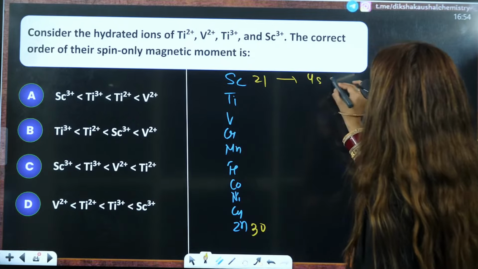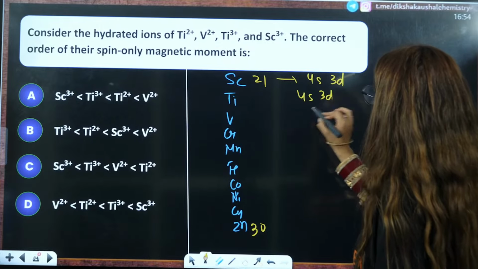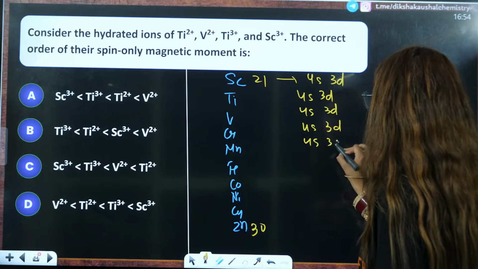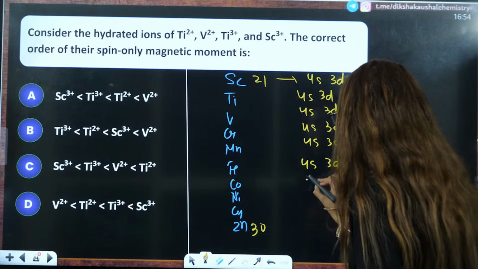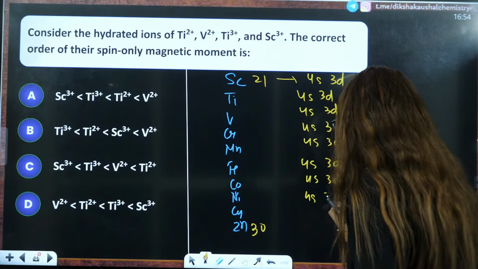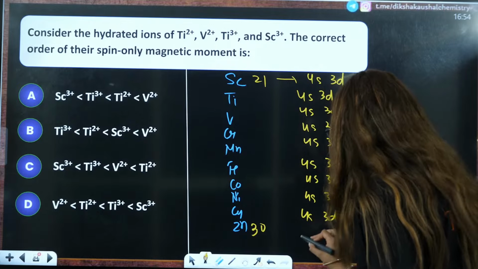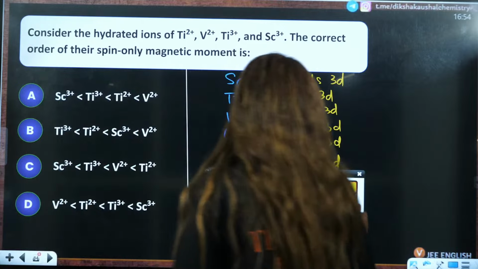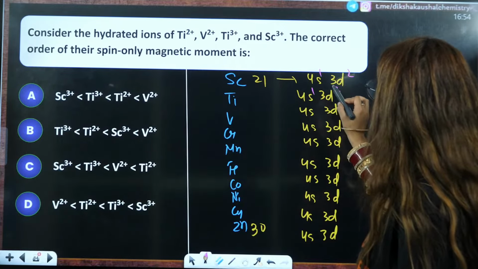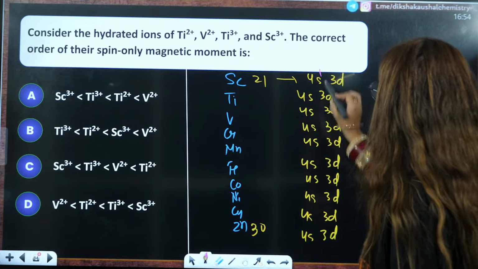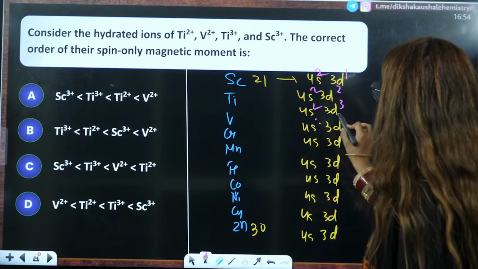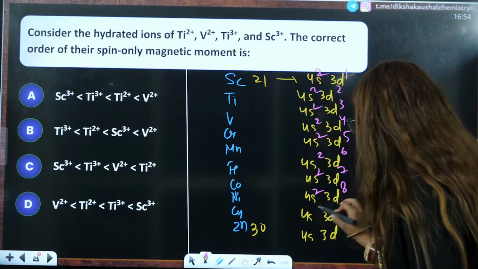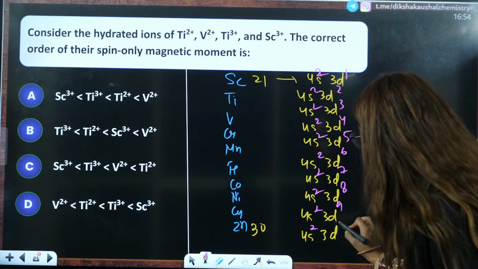What you have to do, write 4s 3d everywhere, 4s 3d, 4s 3d, again and again. Now if you see this here, you just have to add electrons. It's 21, 22, 23, 24, 25, 26, 27, 28, 29, 30, and the 3d count goes 1, 2, 3, 5, 5, 6, 7, 8, 10, 10.